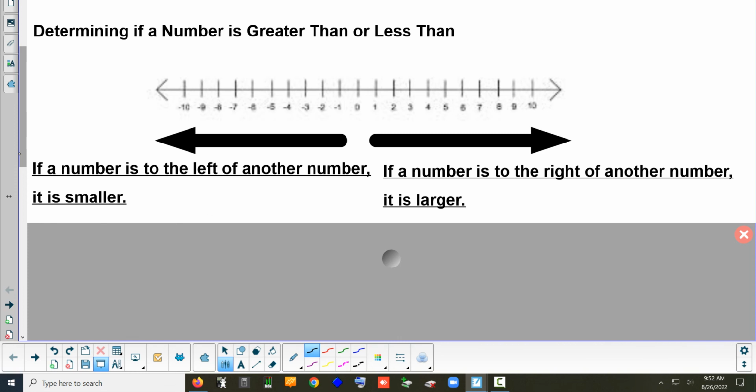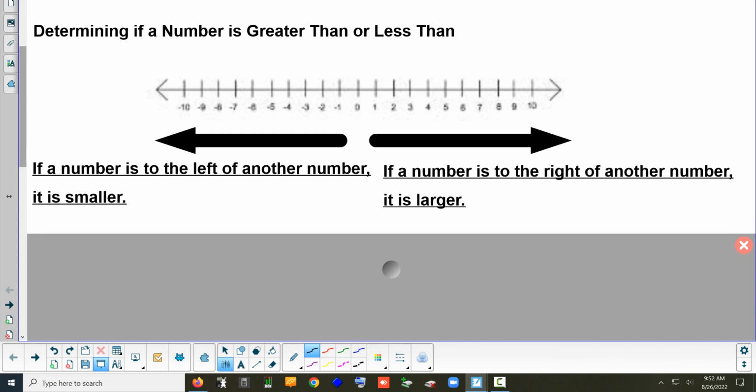Now, there are symbols that we use to describe when something is larger or smaller. So before we do the example, let's go over the 4 symbols and make sure people know which one is which. I know there's not a spot for this on your guided notes, but if you don't know the names of these symbols, you could write them off to the side, because that's where I'm going to put them right now.